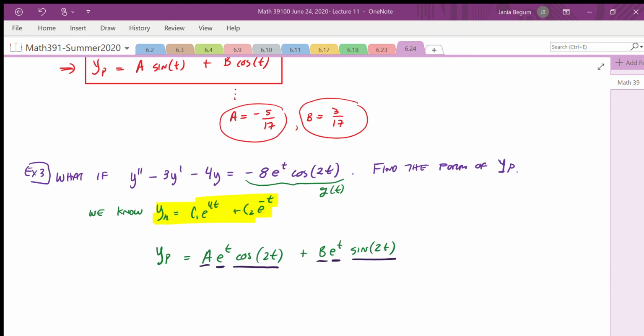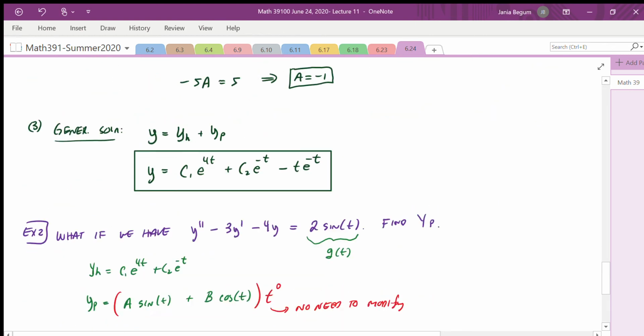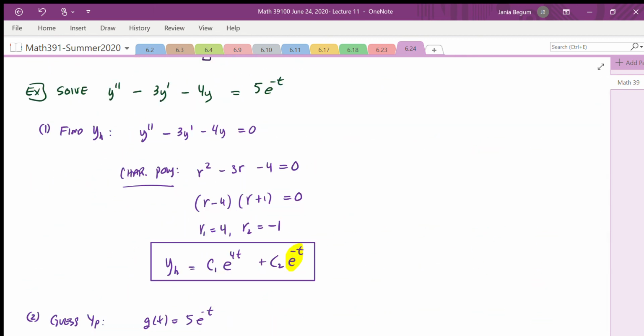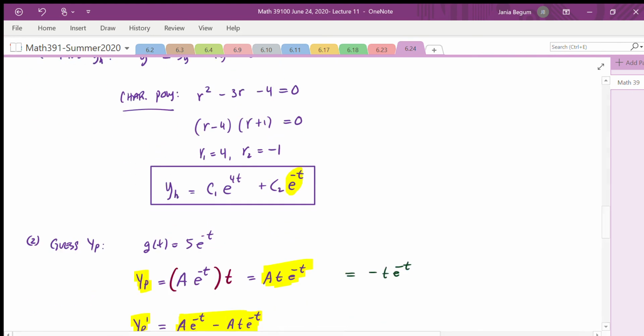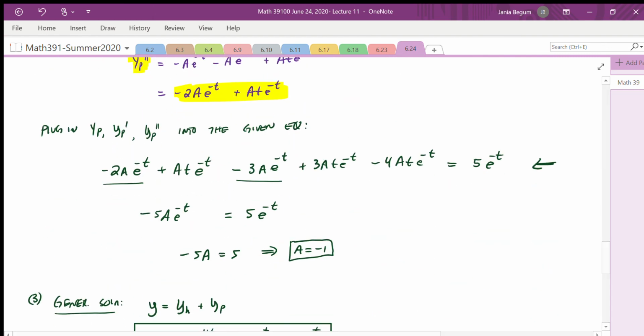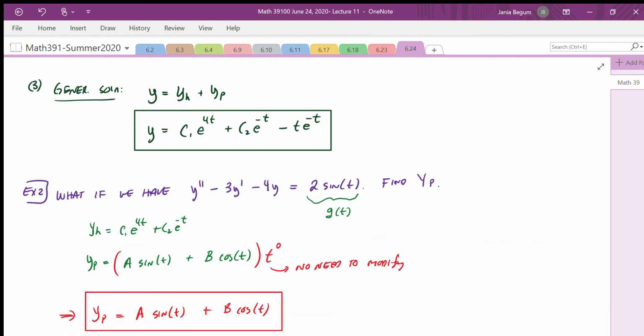It will make more sense as you work through different types of problems. The first one I did was just an exponential. Here you have e to the negative t, so your guess should be a constant times e to the negative t. The second one was sine of t times a constant, so your guess has to be sine and cosine times constants.